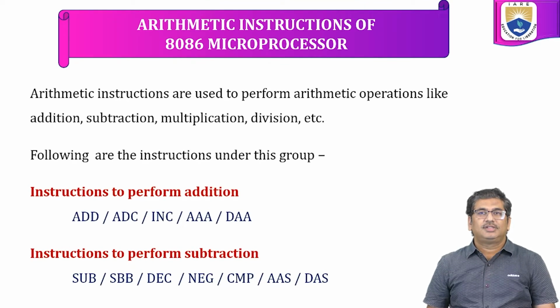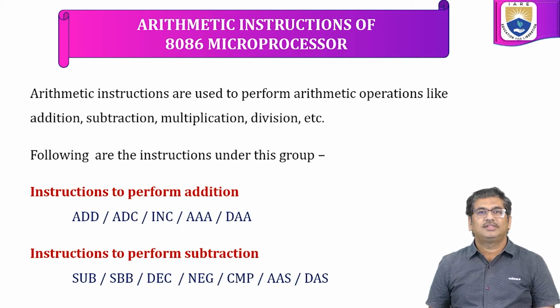Arithmetic instructions are used to perform arithmetic operations like addition, subtraction, multiplication, division, etc. Following are the instructions under this group. Instructions to perform addition: ADD, add along with carry ADC, increment INC, ASCII Adjust after addition AAA, decimal adjust after addition DAA.